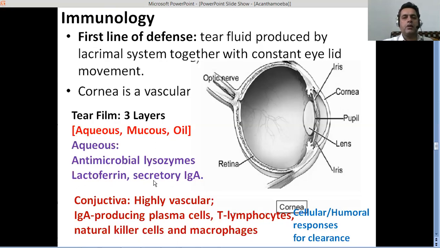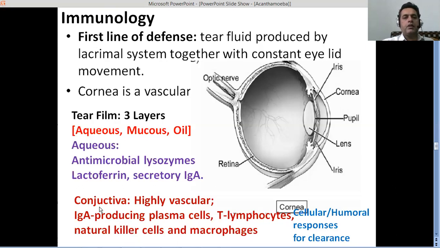So this eye blinking movement is helping with the spread of these antimicrobial lactoferrins and secretory IgAs on the surface of your cornea. And it is a protective mechanism which is protecting your eye against the pathogens.